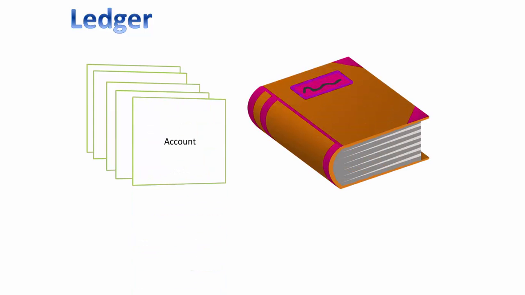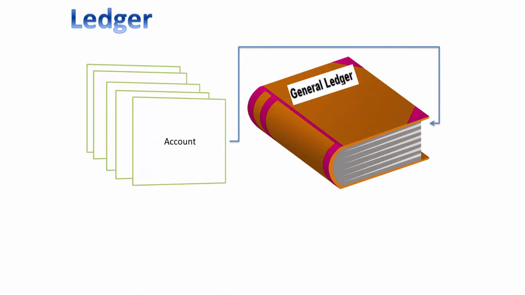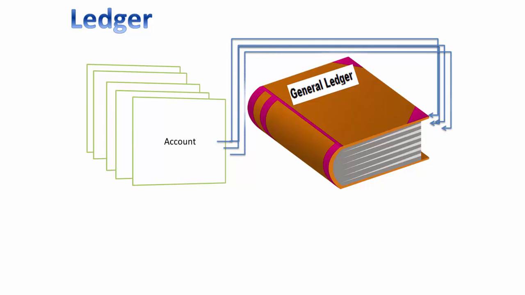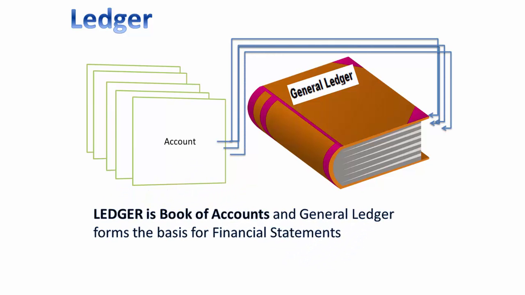Okay, so if all these accounts are treated as pages in a book, then the pages combined into a book is what we call a ledger. Ledger is the book of accounts.